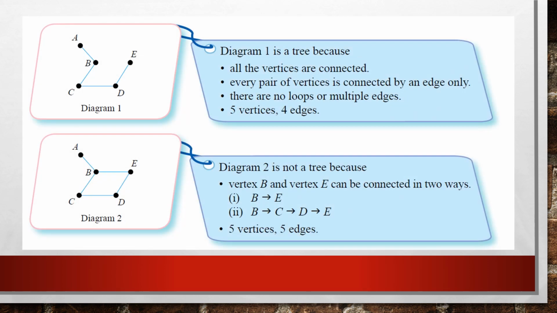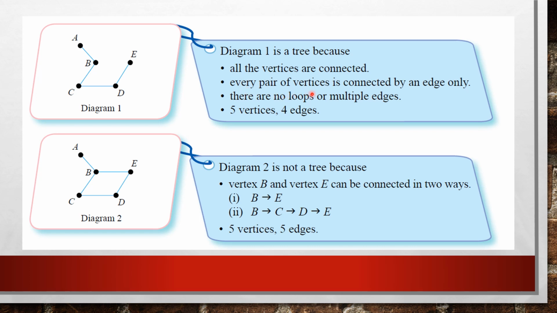Next, we look at diagram 1. You can refer to page 140. Diagram 1 is a tree. Why? Because all the vertices A, B, C, D and E are connected.